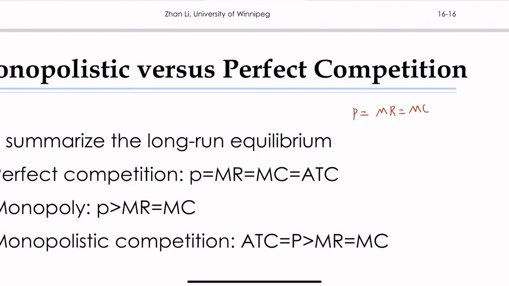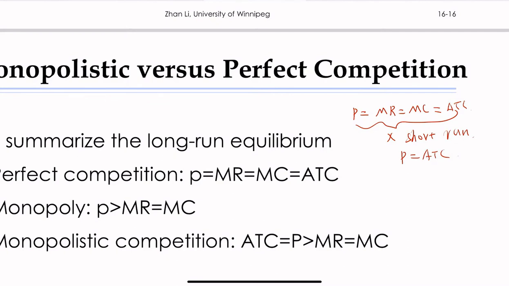So price equals marginal revenue equals marginal cost will always hold, no matter whether we are thinking about a long-run or short-run equilibrium. And then we also know that in the long run, price equals average total cost. However, I have to emphasize this result does not hold in the short run, because P equals ATC may not hold in the short run.